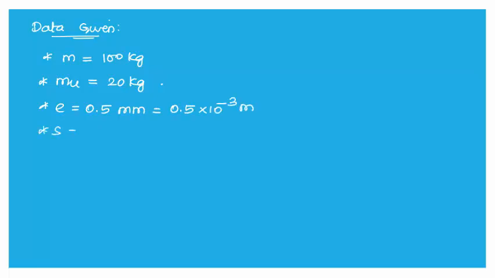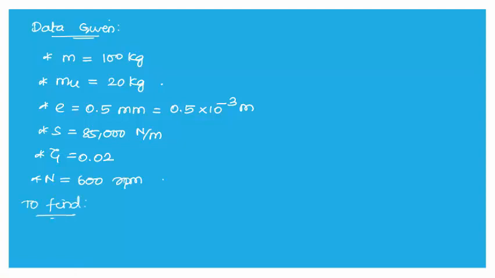Stiffness value is 85,000 Newton per meter. Damping ratio zeta is given as 0.02 and the operating speed is 600 rpm. So we have to calculate the maximum amplitude of vibration X max and the force transmitted to the foundation.